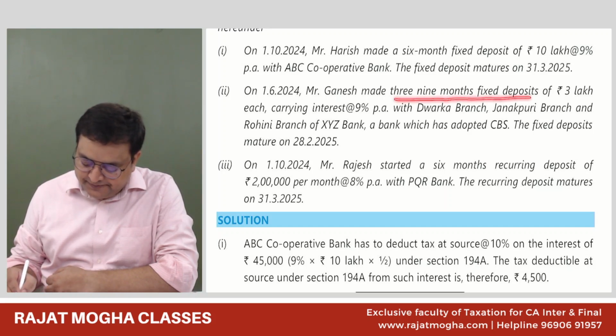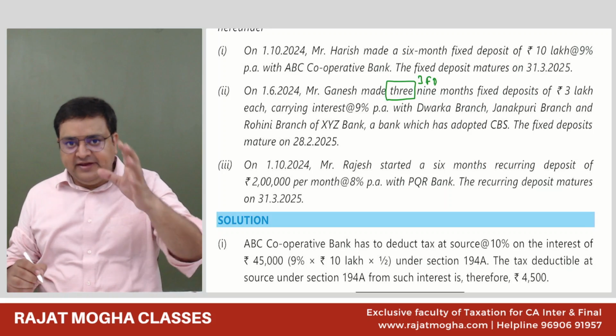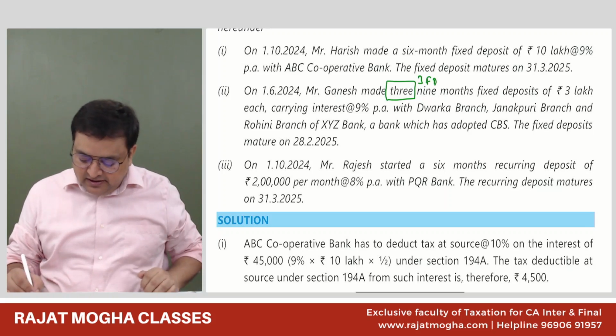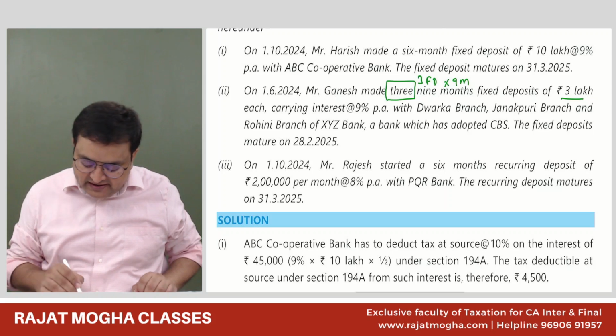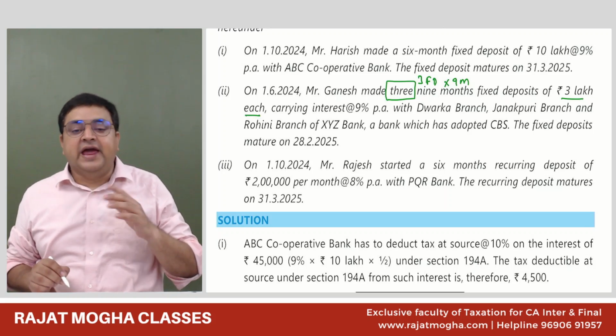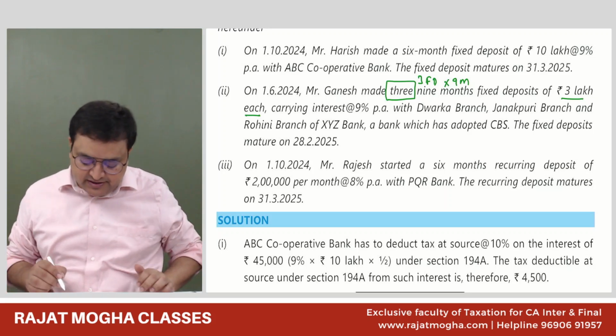So 3 FDs your client is making, each of 9 months, of rupees 3 lakh each. So this guy has 9 lakh rupees. So 3 lakh, 3 lakh, 3 lakh he has deposited.